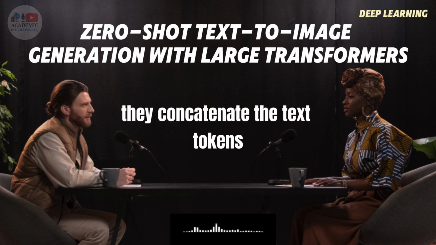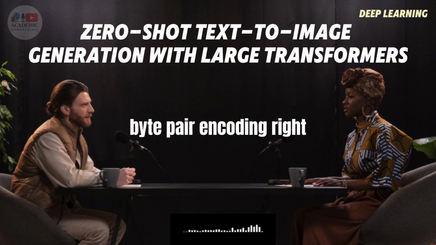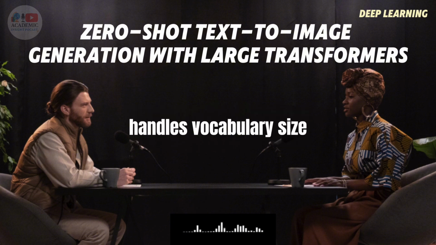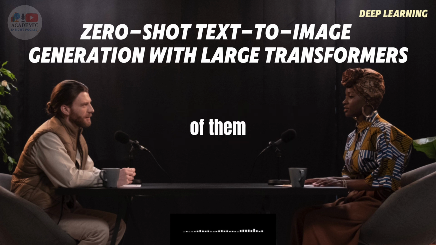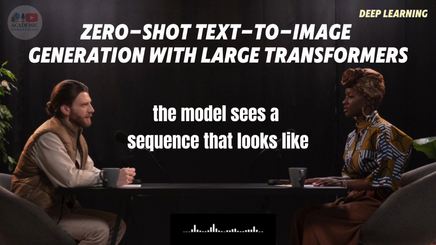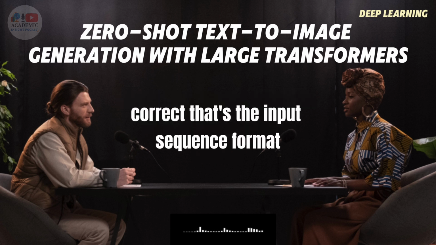They concatenate the text tokens, processed using a standard method called BPE, byte pair encoding. Right, that just breaks text into common subword units. Yeah, handles vocabulary size. So they concatenate those text tokens, up to 256 of them, with the 1,024 image tokens from the DVAE. So the model sees a sequence that looks like some text tokens followed by a bunch of image tokens. Correct. That's the input sequence format.